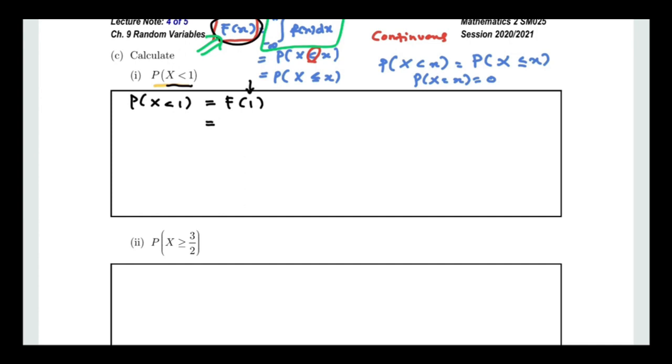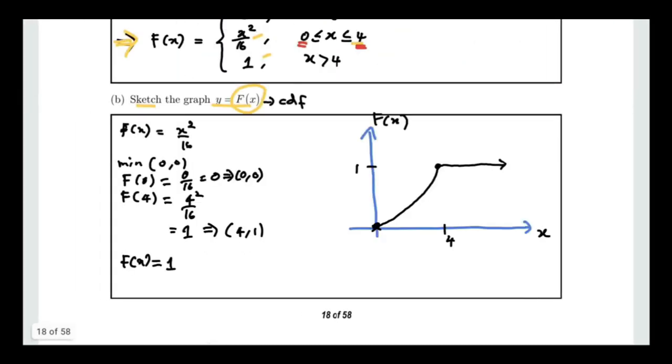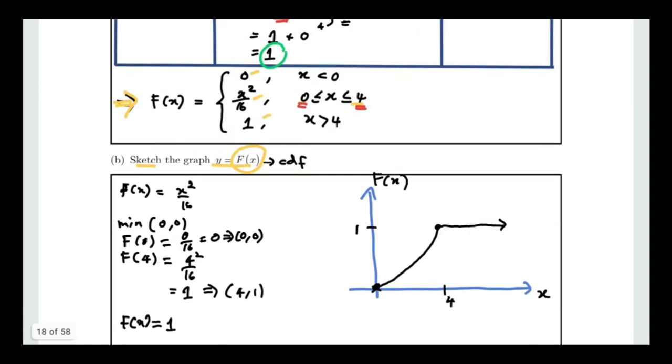So what is the correct function? We go back to the previous part and use this function.